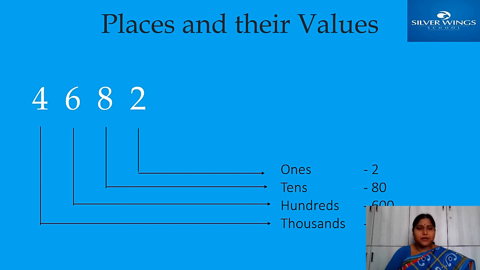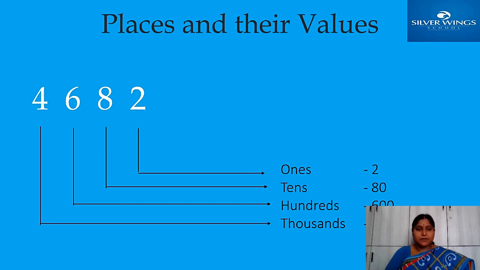Now here I gave you one more 4-digit number, that is 4682. Here again you should see from your right side. The last digit is 2. 2 is in ones place, so its value is 2. Before that 8 is in tens place and the value of that 8 is 80, because 8 is in tens place.